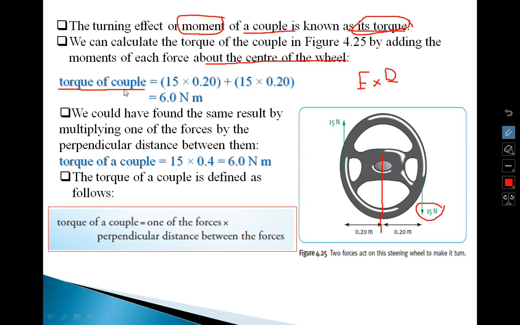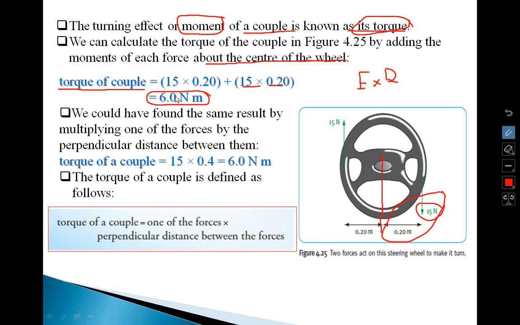So the torque of a couple is equal to 15 Newton times 0.2 meter. This is for this force. This one is in the opposite direction, plus 15 times 0.2. So it's equal to 6 Newton meter.